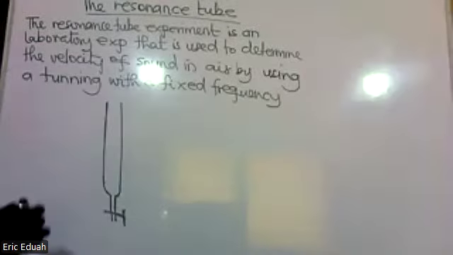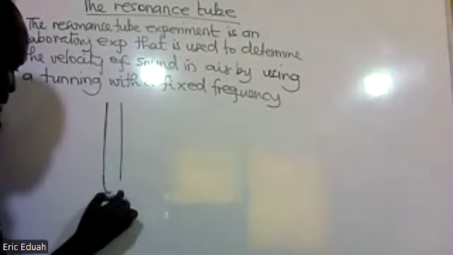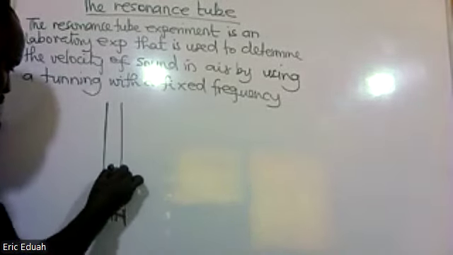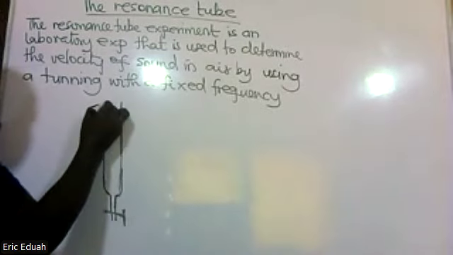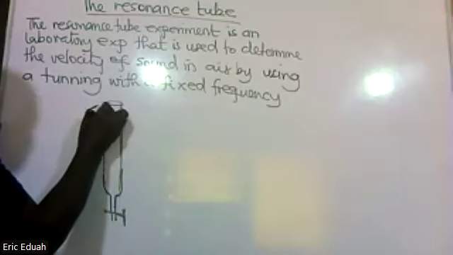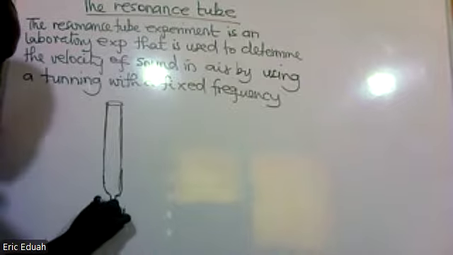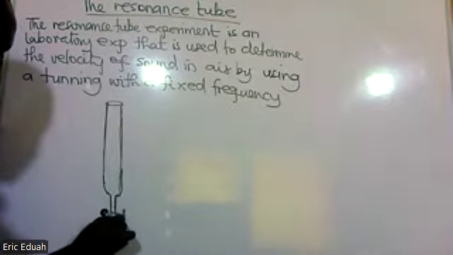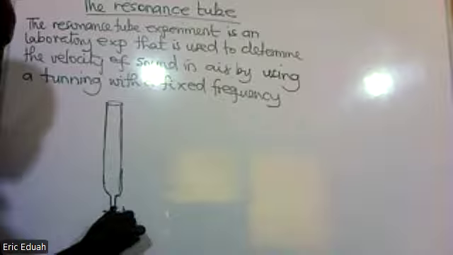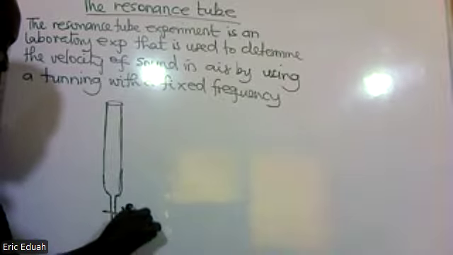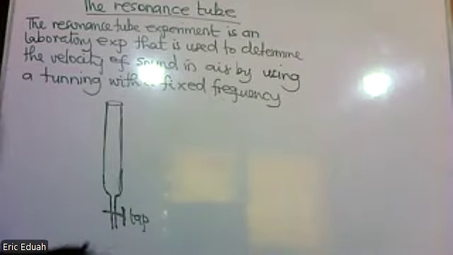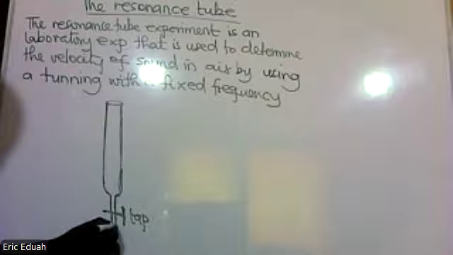So the whole setup is like this. This is the burette, the outlet of the burette. This is a tap, just to control the water flow.